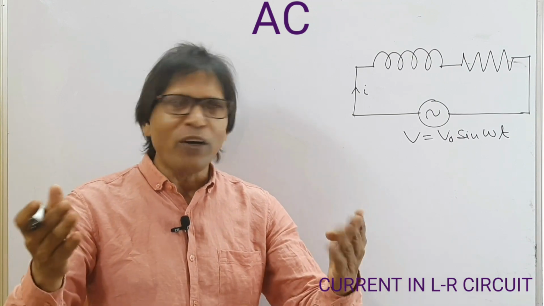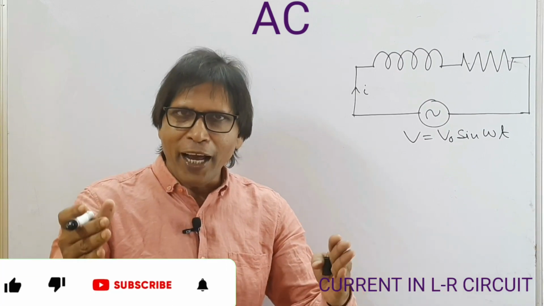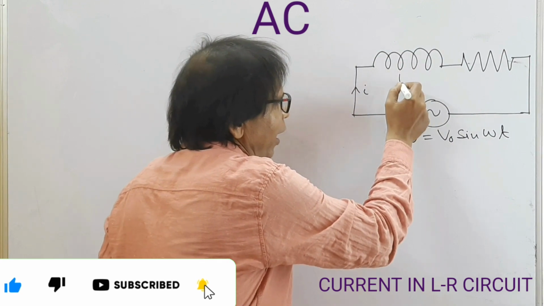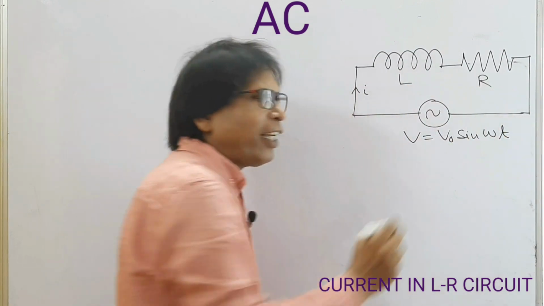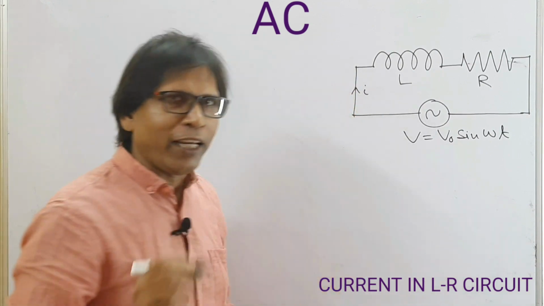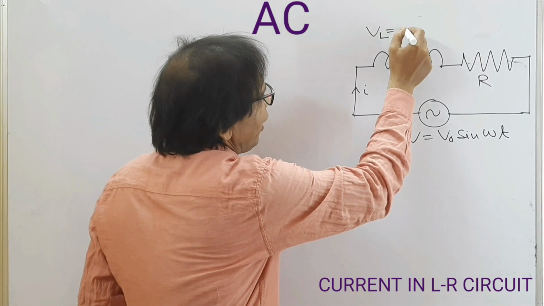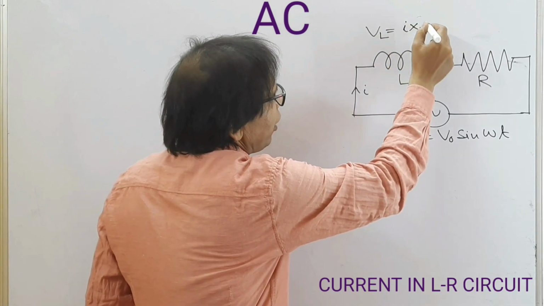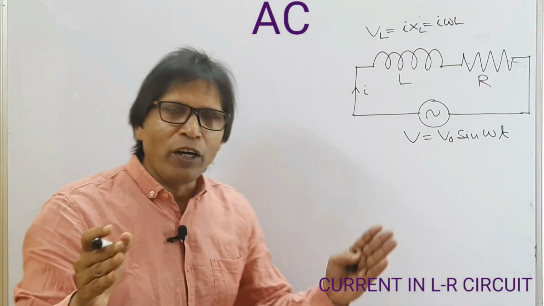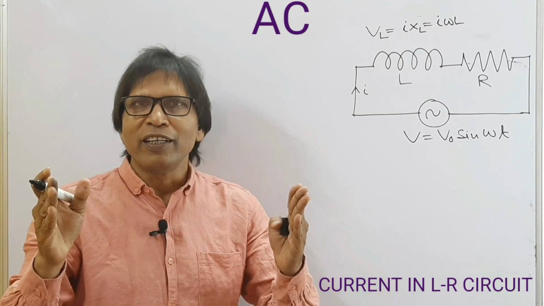Now next, current through an LR circuit. Suppose the AC voltage V equals V naught sine omega t is applied in a circuit containing inductor L and resistor R in series. Suppose the instantaneous current is I. So the voltage drop across the inductor is I XL, which is I omega L. This voltage leads the current by pi by 2.